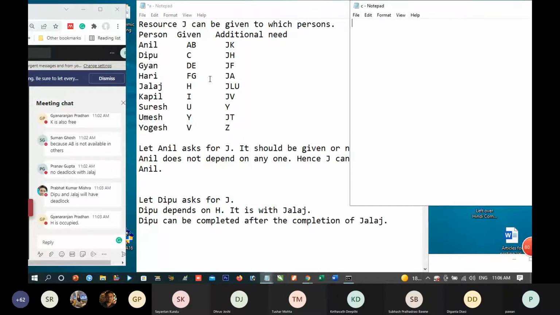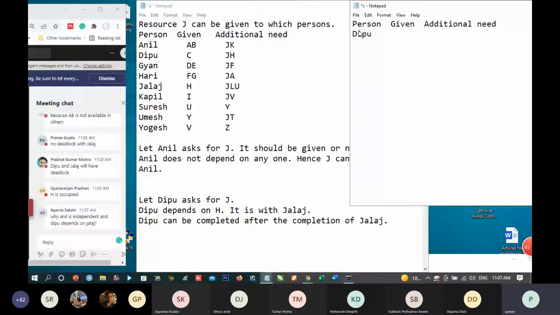Let us see. Given a person, Deepu is given C and D, and suppose it is given J also.